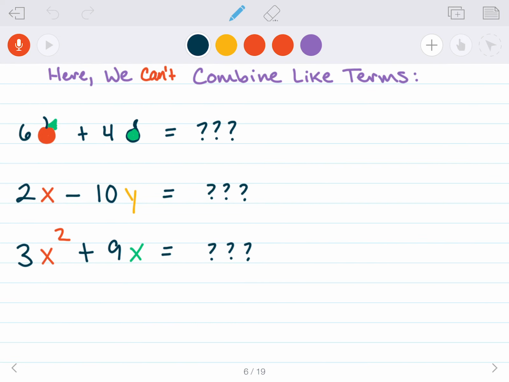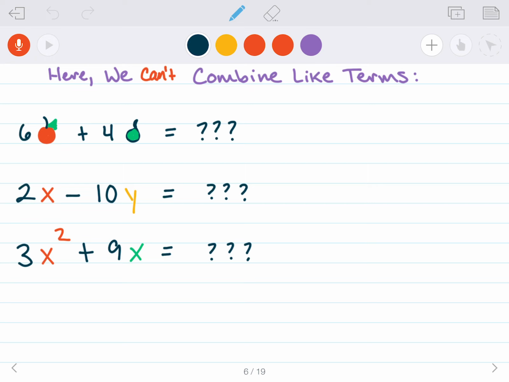Okay, when can we not combine like terms? So you're at the grocery, you have 6 apples in one hand, you have 4 pears in the other. 6 apples and 4 pears makes what? I don't know. How can we say apples and pears? I mean, you could say fruit if you wanted to, but that's a whole other can of worms that we would have to open. But the point is that we can't simplify this.